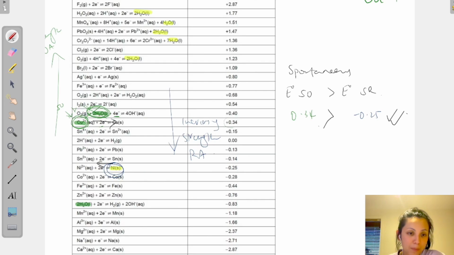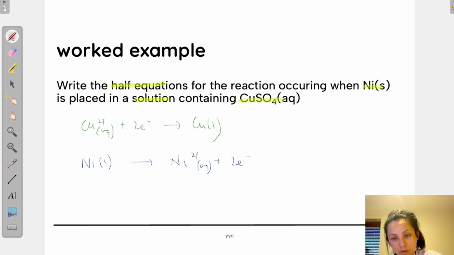The strongest oxidizing agent will go from left to right and undergo reduction. The strongest reducing agent will be oxidized, which means this reaction goes in the backwards direction. And then all we need to do is write it in the way that it should be, like this. So this is reduction, this is oxidation.